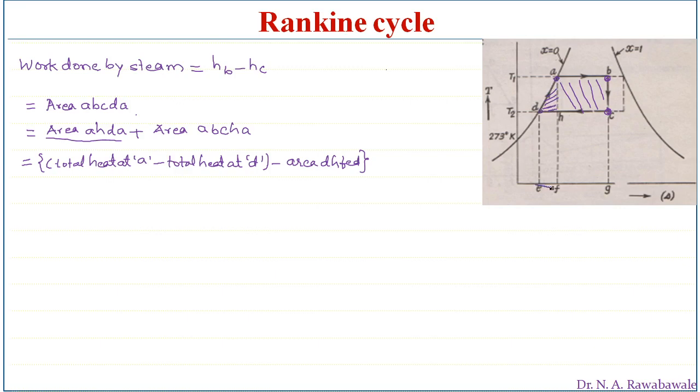So this gives us the complete heat from AHFEDA, minus the area DHFED. Say this area is 1, this area we call 2, and this we call area number 3. Area number 3, let me change the color.